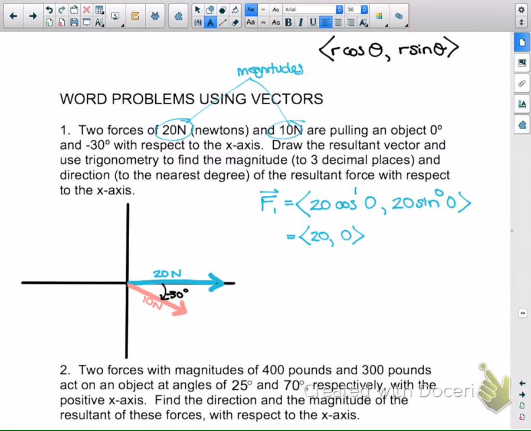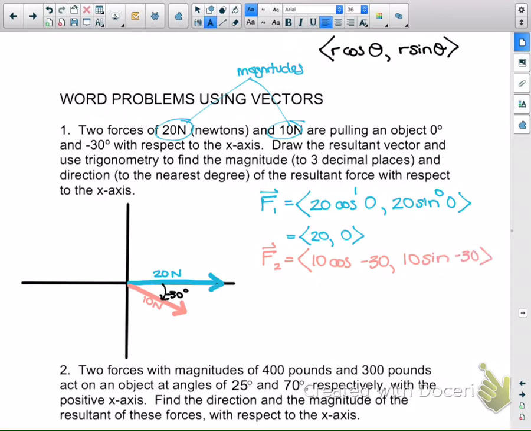I have to do the exact same thing to find component form for my second vector, what we're going to call force 2. Force 2, what's its magnitude? 10 times the cosine of what angle this time? Negative 30. 10 times the sine of negative 30.